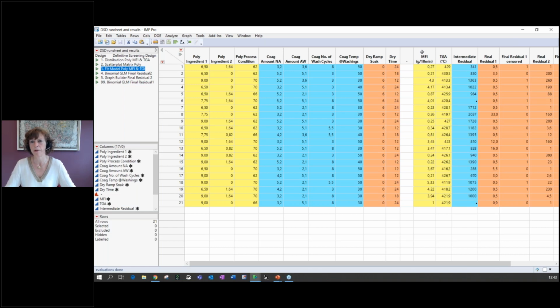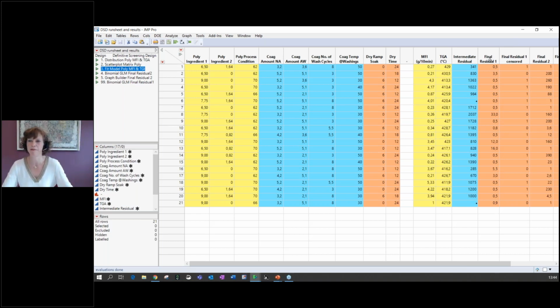And if you know a little bit about statistics and DOE, the MFI and TGA were really nice and friendly and analyzable responses on a continuous scale, whereas for the residual, by nature, you want to see no residual in your product, right? You want to get rid of the residuals.